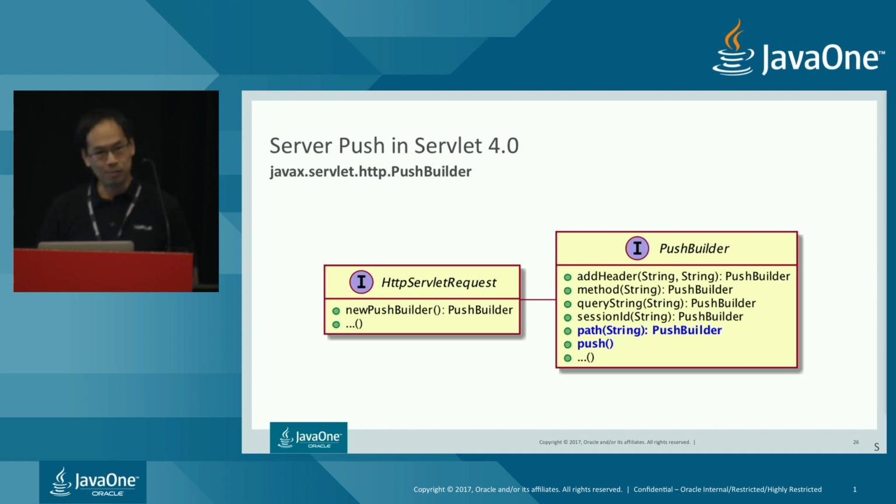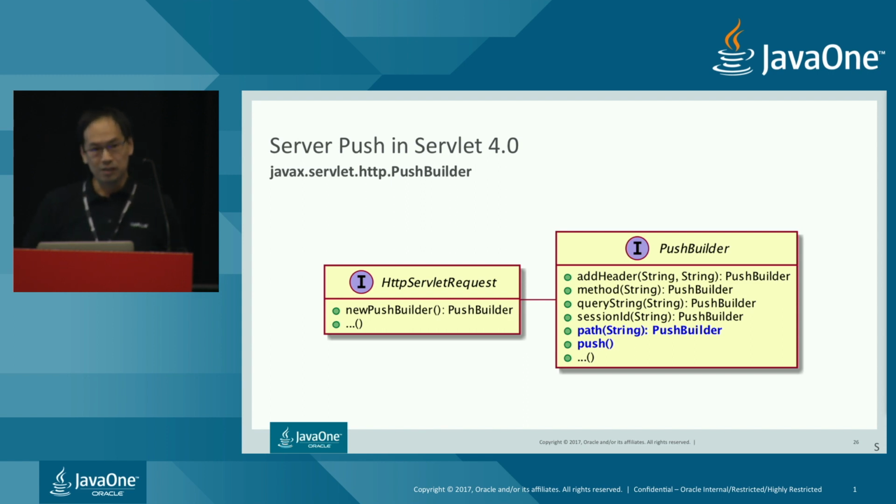You can see methods like add header, method, which is GET or HEAD or your custom cacheable, safe method without a request body. And then you have a query string, and you can specify a session ID, and of course, you have to specify the corresponding URL path, and then you push.